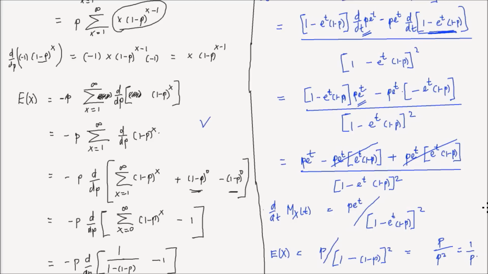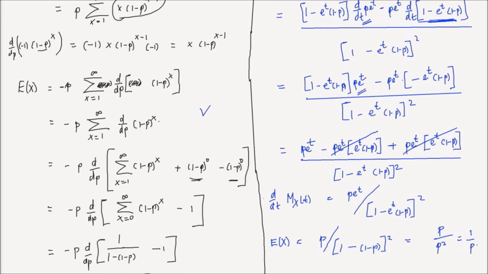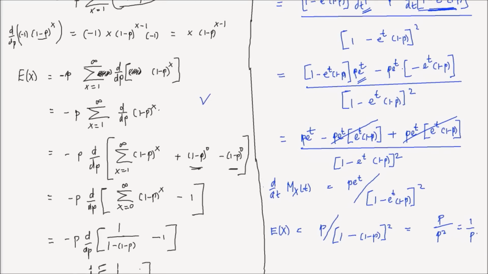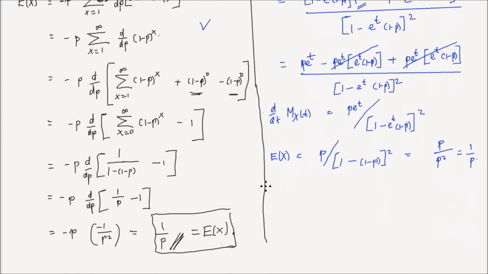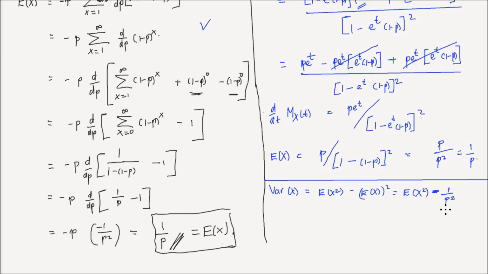Alright, now let's find the variance. The variance of this random variable x is equal to the second moment, the expected value of x squared, minus the first moment, which is the expected value of x, the whole squared. And we know the first moment. We have just found it, which is 1 over p. So 1 over p squared is the square of the first moment.